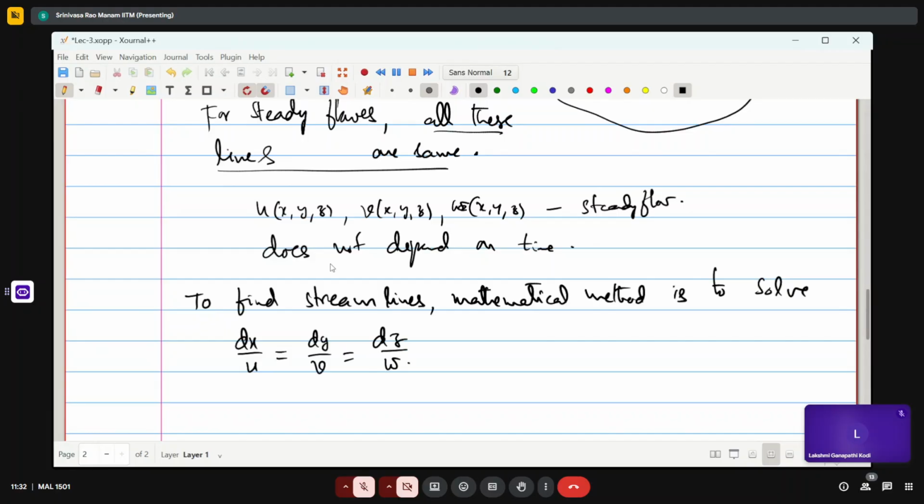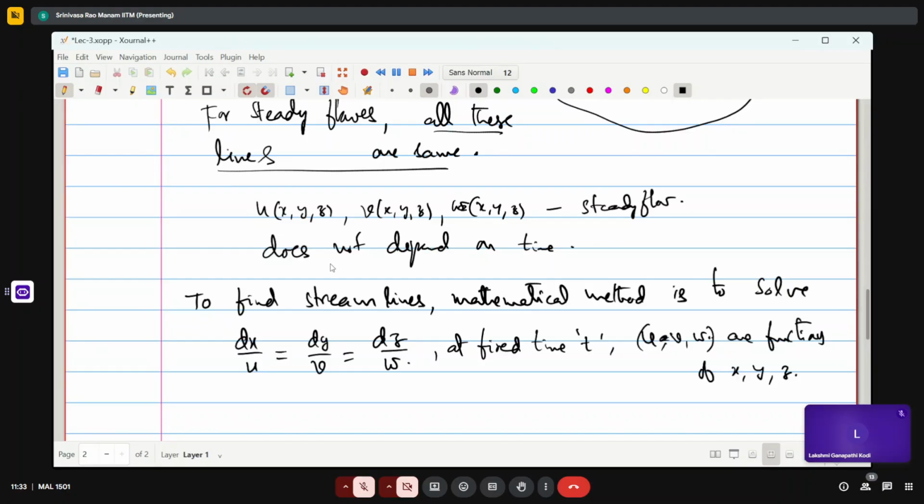Here u, v, w are all functions of x, y, z, because at a particular instant, at a fixed time t, you are seeing only that. Do you understand?